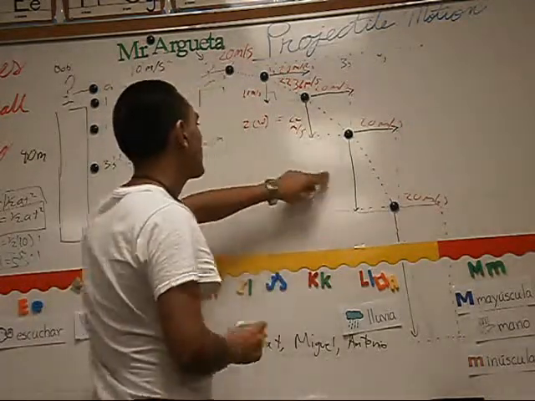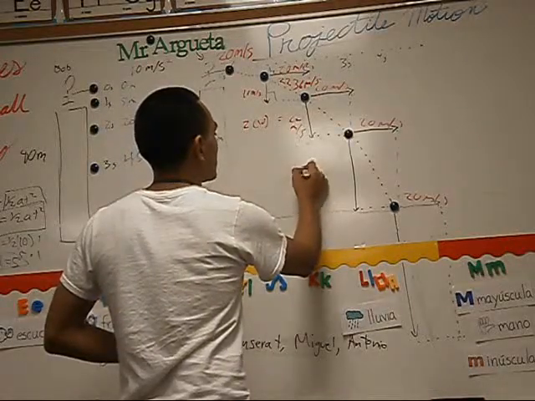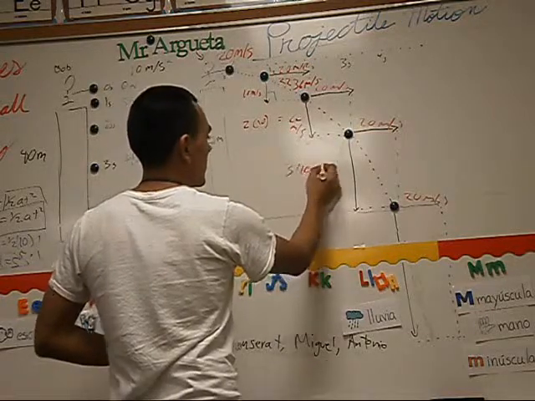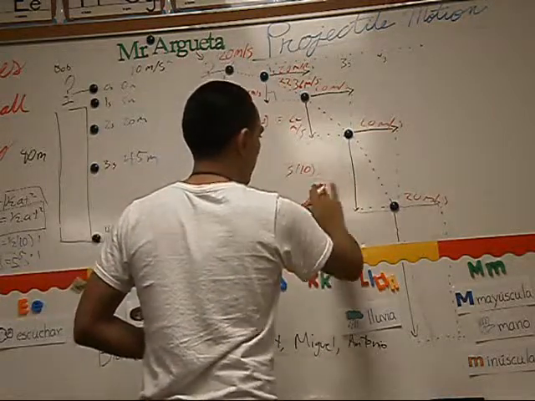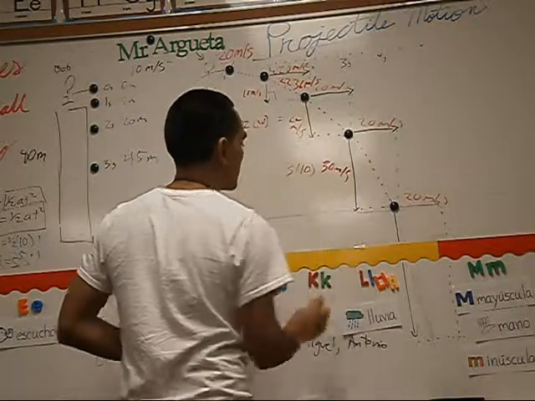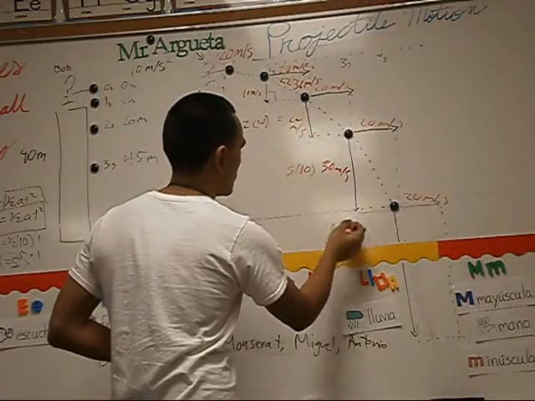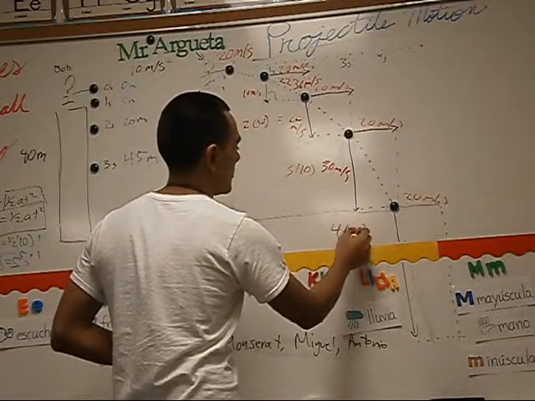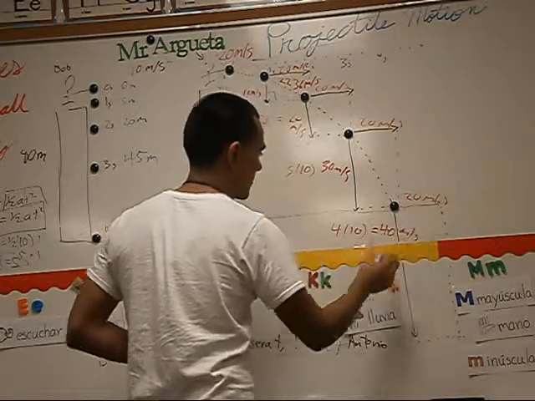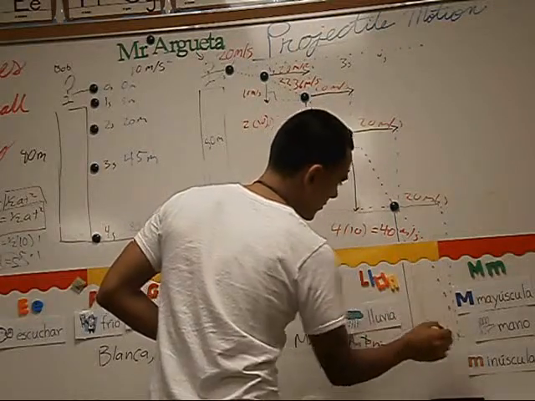Over here, let's go ahead and do all of them. Over here, it's 10 times 3, that's 3 seconds, is going to give us 30 meters per second. And over here, it's going to be 4 seconds, which is 4 times 10, which is going to give us 40 meters per second. Alright.